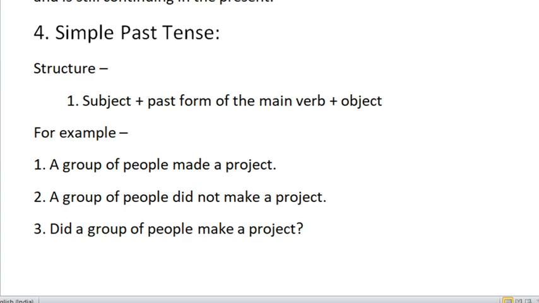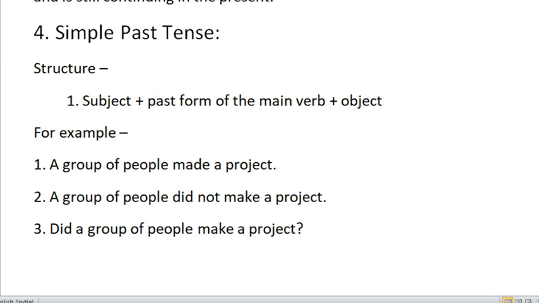The sentence is given in simple past tense, there is no helping verb. In this case we have to take did as a helping verb. Because it is given in the past tense, we can use did in the beginning. As I said earlier, after did we are not going to use any form of the main verb, we are just going to use the simple present form. Means, did a group of people make a project? This will be your verbal question.